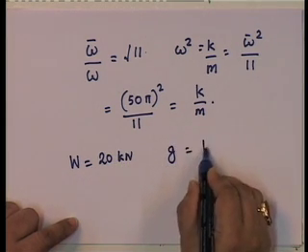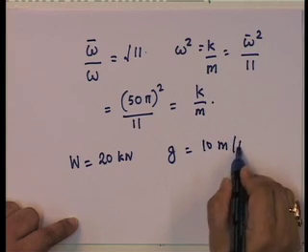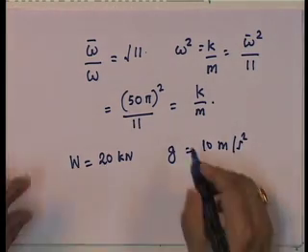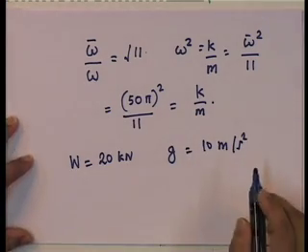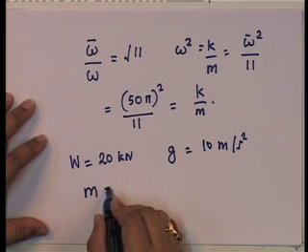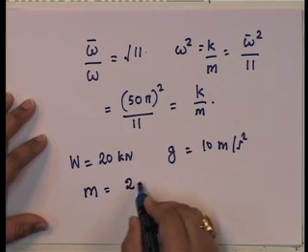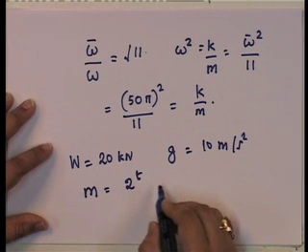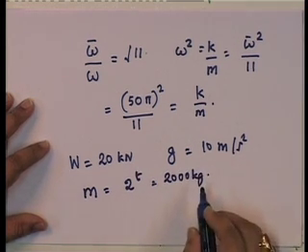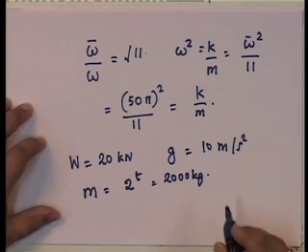If g, I normally take it as 10 meters per second squared, is actually 9.81, but for our practical purposes I can take it as 10. Just makes life simpler. Mass then is equal to 2 tons or 2000 kg.